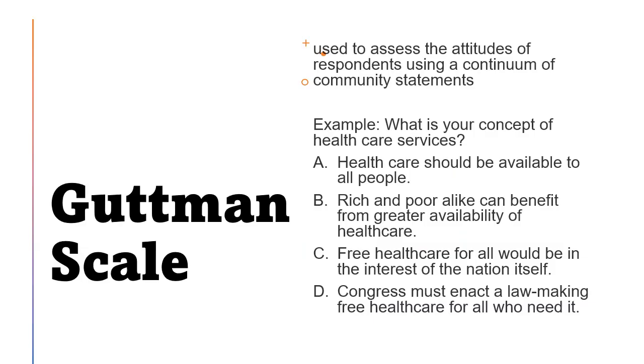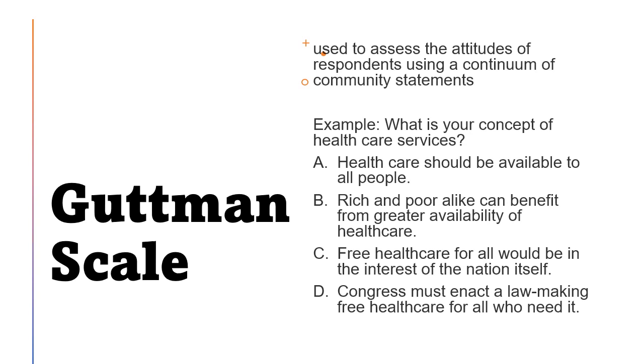Now, Guttman scale. Your Guttman scale is used to assess the attitude of respondents using a continuum of community statements. So for example, you say, what is your concept of healthcare services? Healthcare should be available to all people. Rich and poor alike can benefit from greater availability of healthcare. Free healthcare for all would be in the interest of the nation itself, and Congress must enact a law making free healthcare available to all who need it.